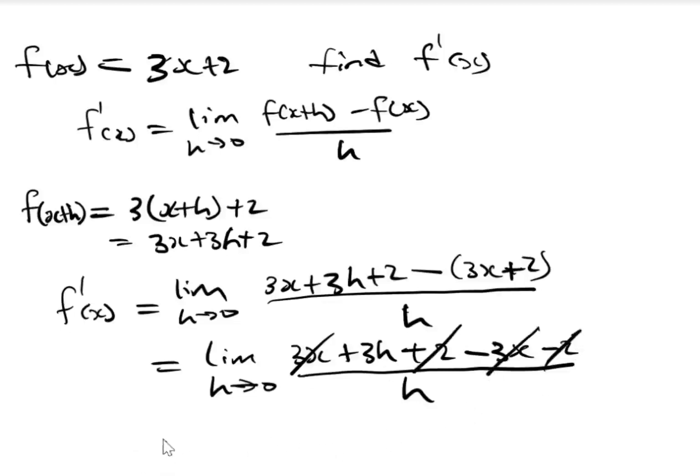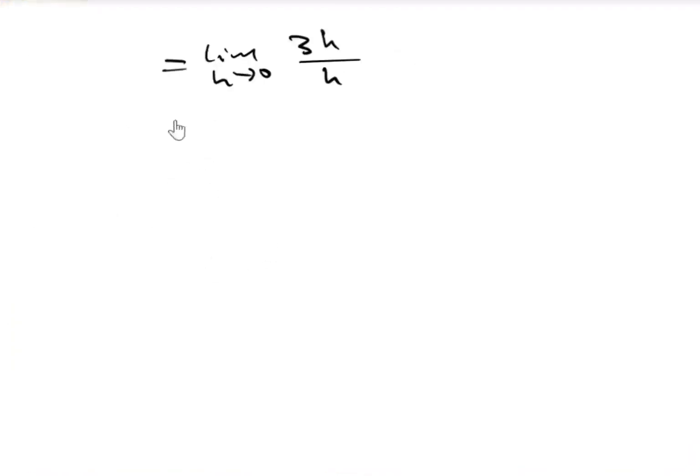So we are left with the limit as h approaches 0 of 3h divided by h. And this is equal to the limit as h approaches 0. h can cancel h, and we're left with 3, and this will be equal to 3.